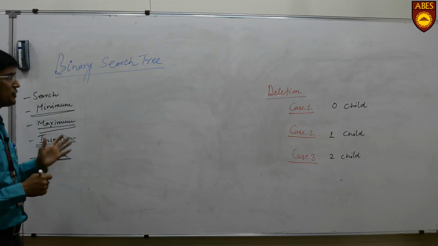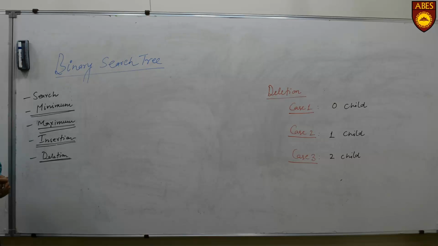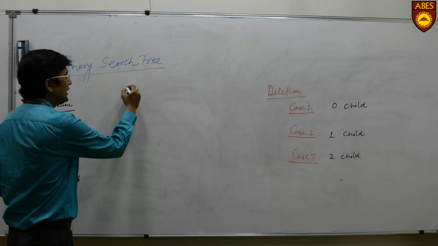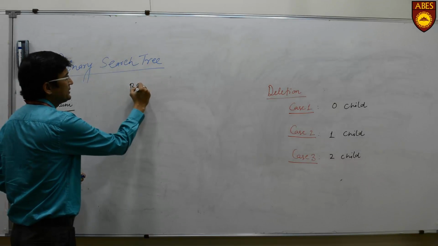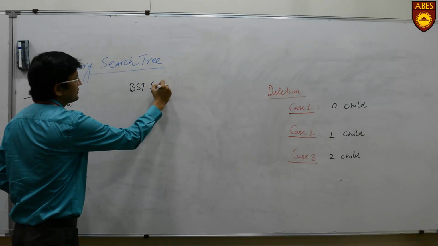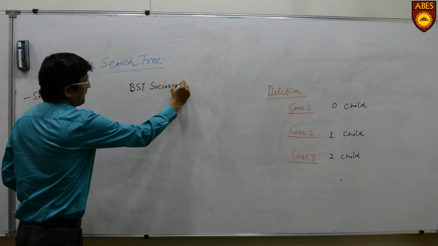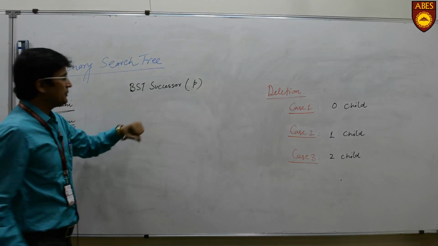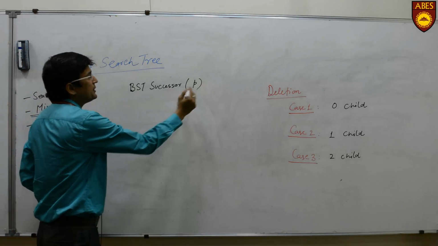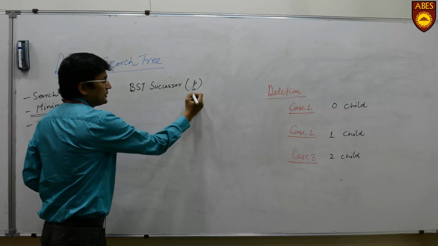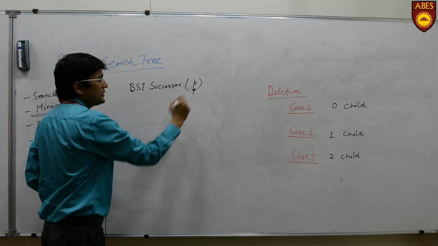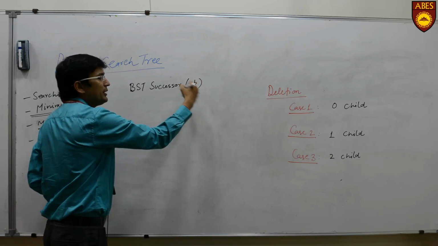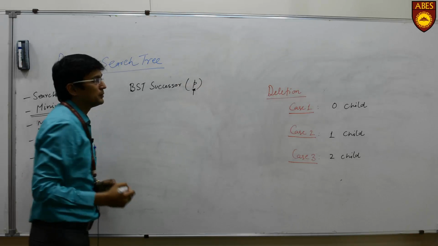Now let us discuss the deletion operation on the binary search tree. Before going to the deletion, there is one more operation which is known as successor of the binary search tree. Let's say there is an operation known as BST successor P. Here BST successor P means we need to find out the pointer to the node which is containing immediate higher information than this P node.